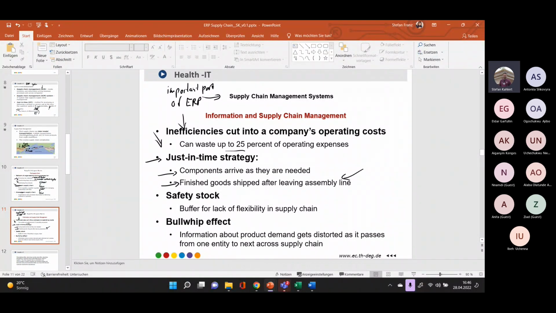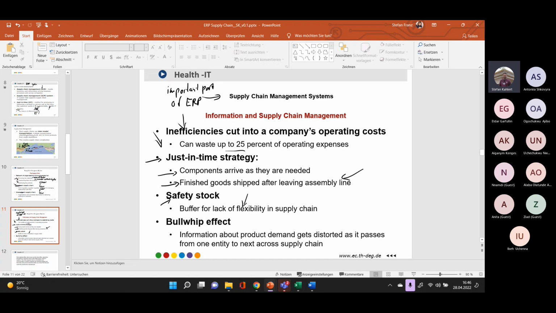And to avoid problems like we have now globally in each country due to the lack of chips and the Russia crisis, the war, right? You will see that most companies across all industries have a kind of safety stock, which gives them a buffer for problems in the supply chain process and allows for flexibility.